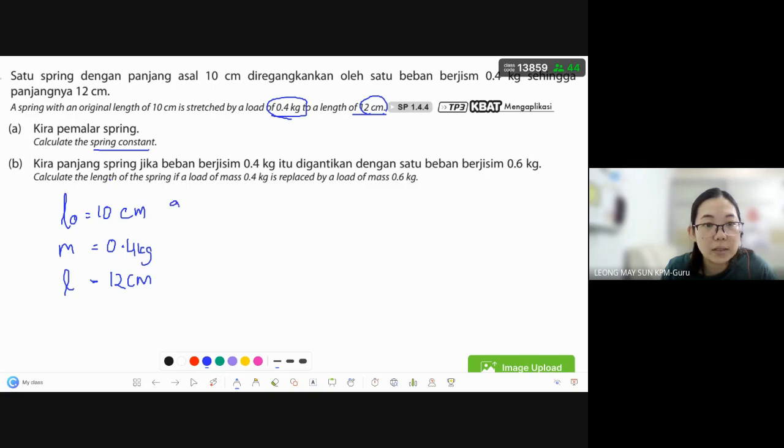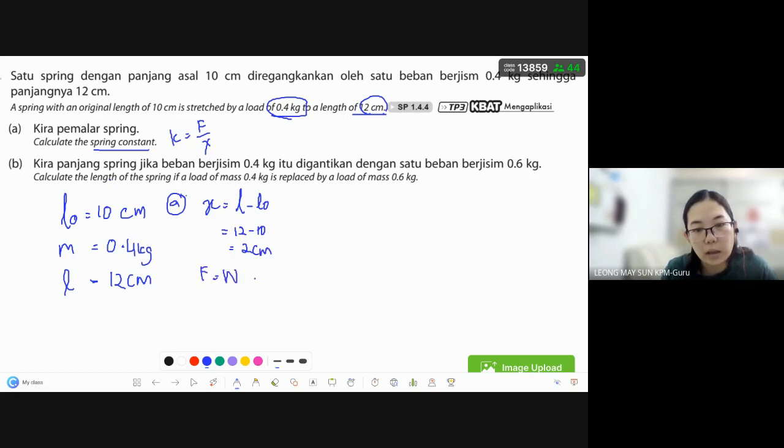So first thing first, to find the spring constant, K equals F over X. Number one, the extension X is L minus L naught. So that will be 12 minus 10 equals 2 cm. Then the force is actually the weight, which equals mg.